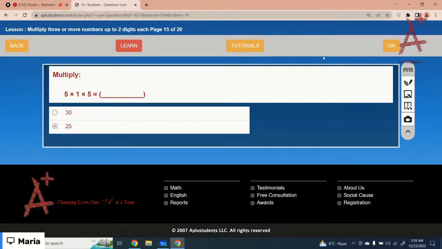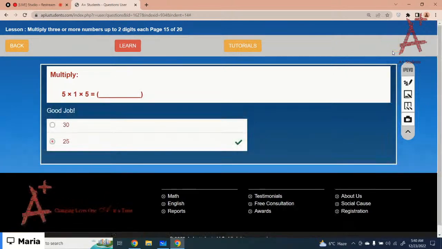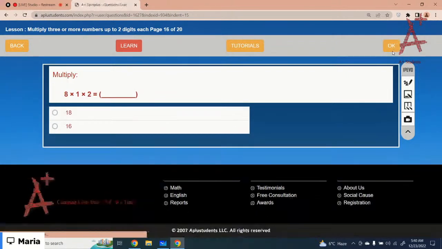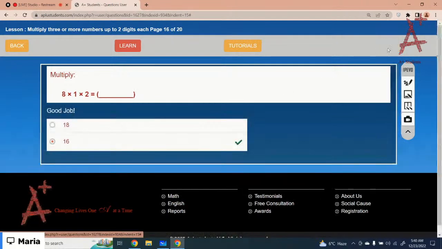So just select the correct option then click on the OK button. Okay, the next one is 8 times 1 is 8 and 8 times 2 is 16. Got it? So the correct option is 16. Just select the correct option then click on the OK button.